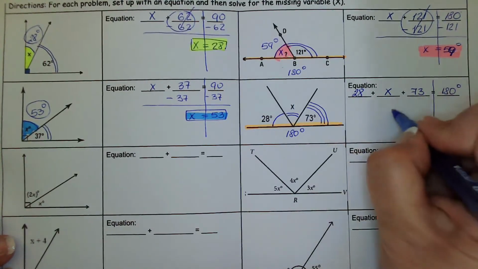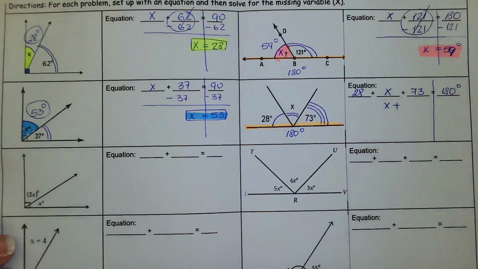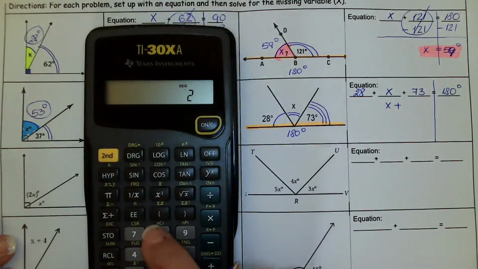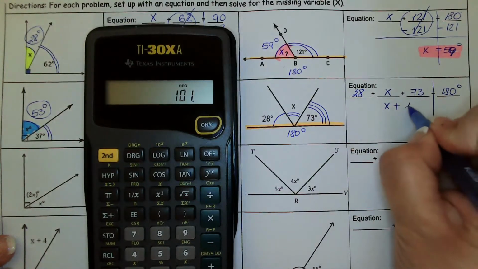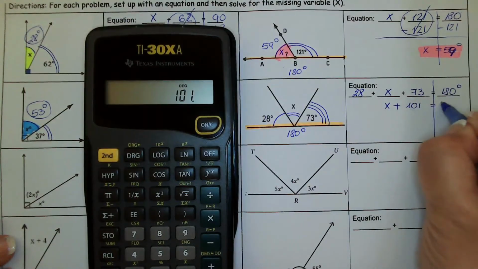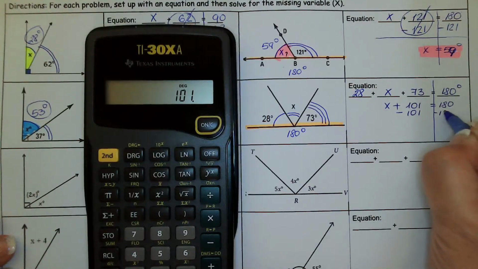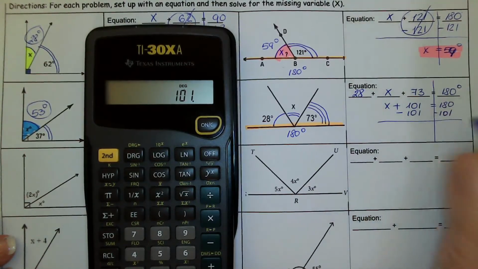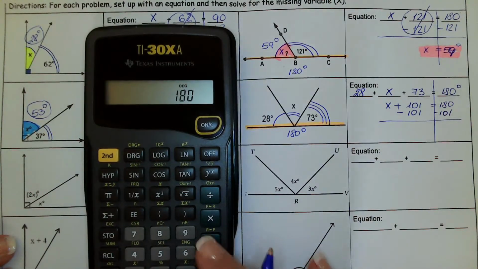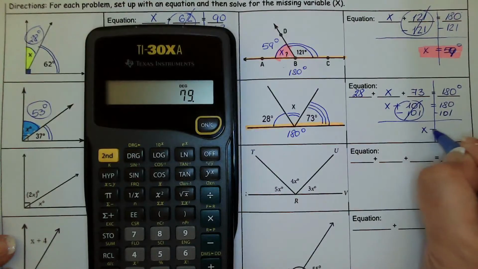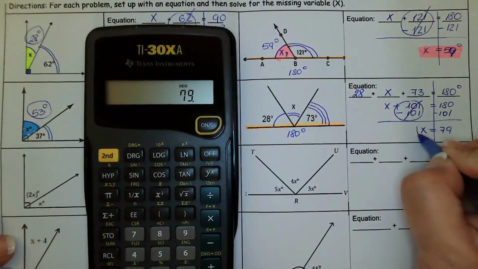To solve the equation, we have x plus, combine the like terms, 28 plus 73, 101, subtract 101, x value 79.